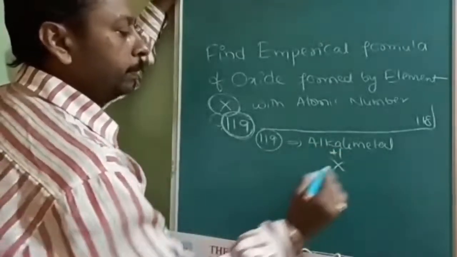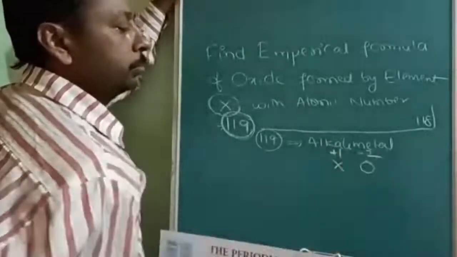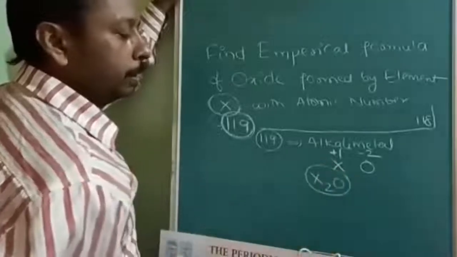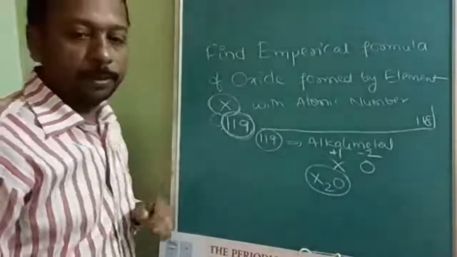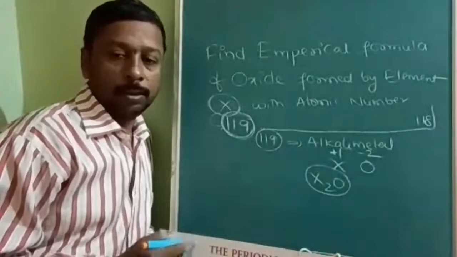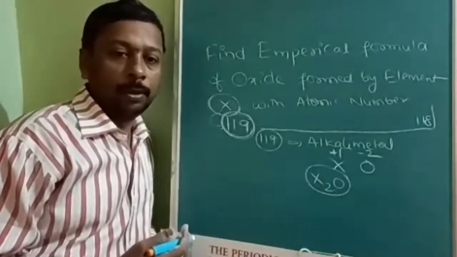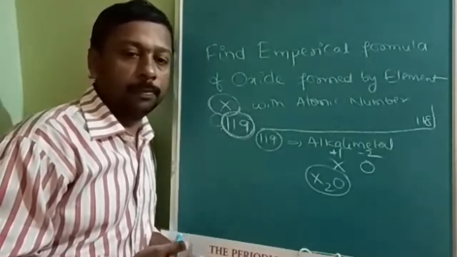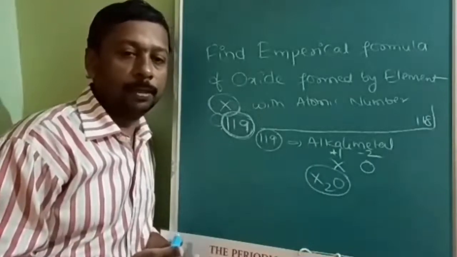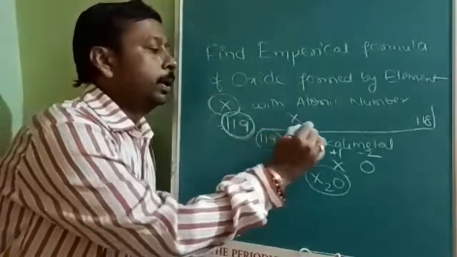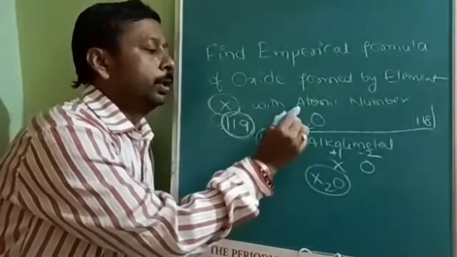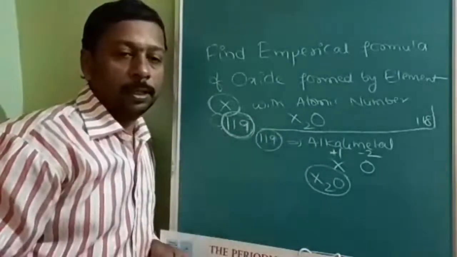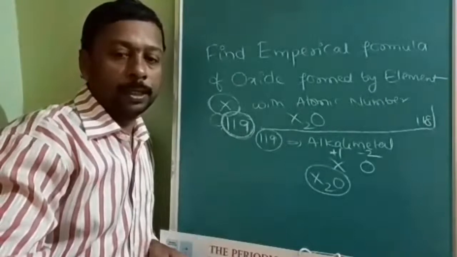Oxygen is -2. So the empirical formula will be X2O. Is that procedure clear to all of you? The empirical formula of the oxide formed by element X with atomic number 119 will be X2O. Oxygen -2 here, X +1 here. How +1? Because it is an alkali metal.